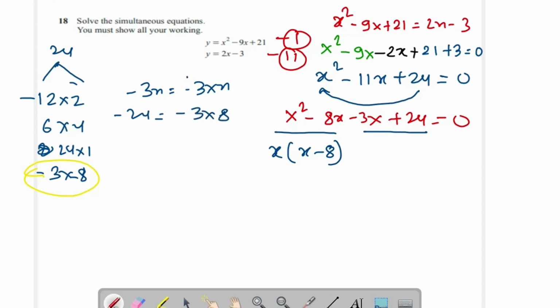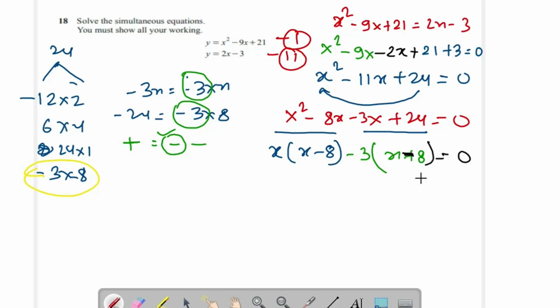So minus 3 is common, and taking one minus outside, we put a minus sign here.